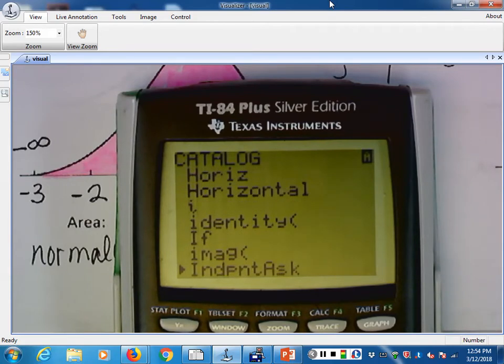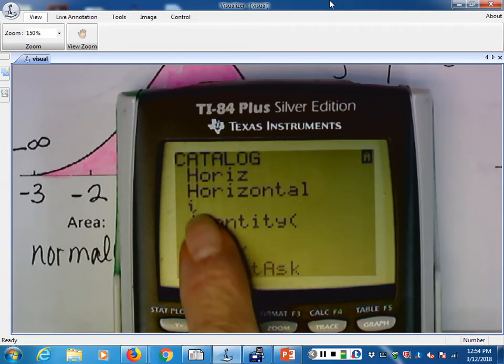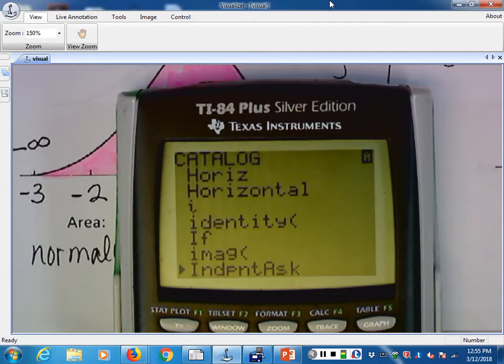By the way, that I right here, that's the imaginary number i. That is not infinity.